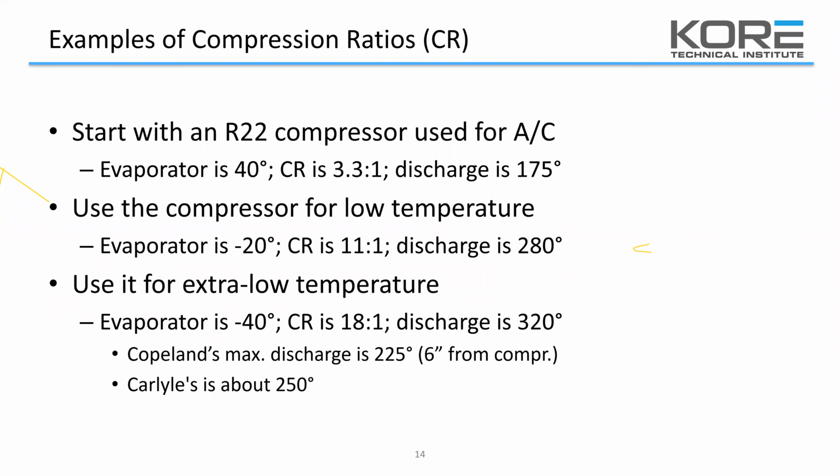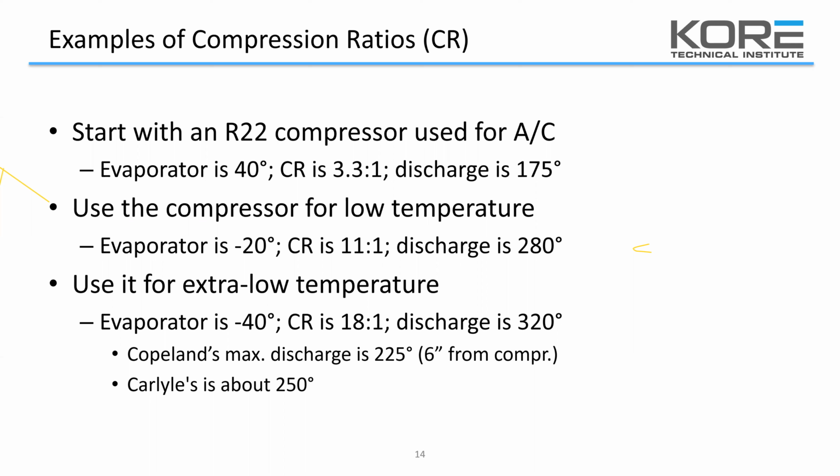So R22 is notorious for this. It's a hotter temperature gas, and it produces a lot of heat when it's compressed at high ratios. So if we look at an R22 system used for air conditioning, where the evap temperature is around 40 degrees, we're going to assume we're at a compression ratio of 3.3 to 1.